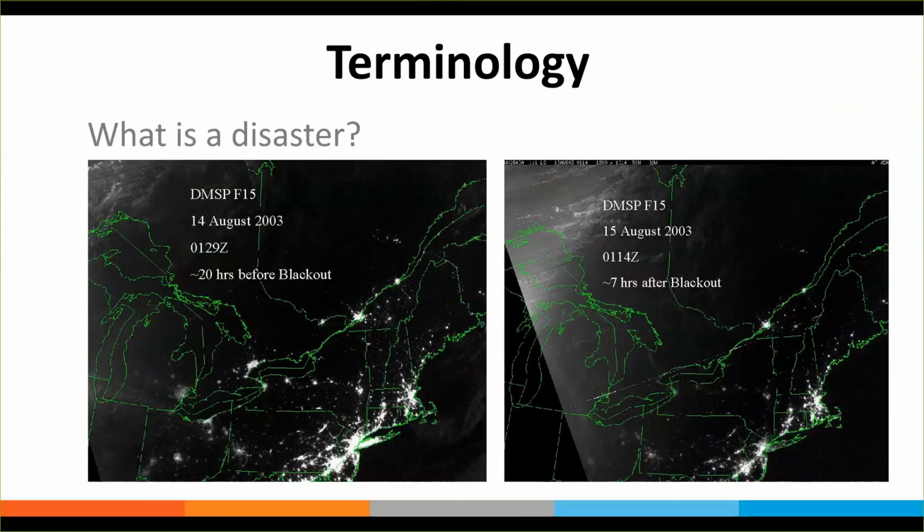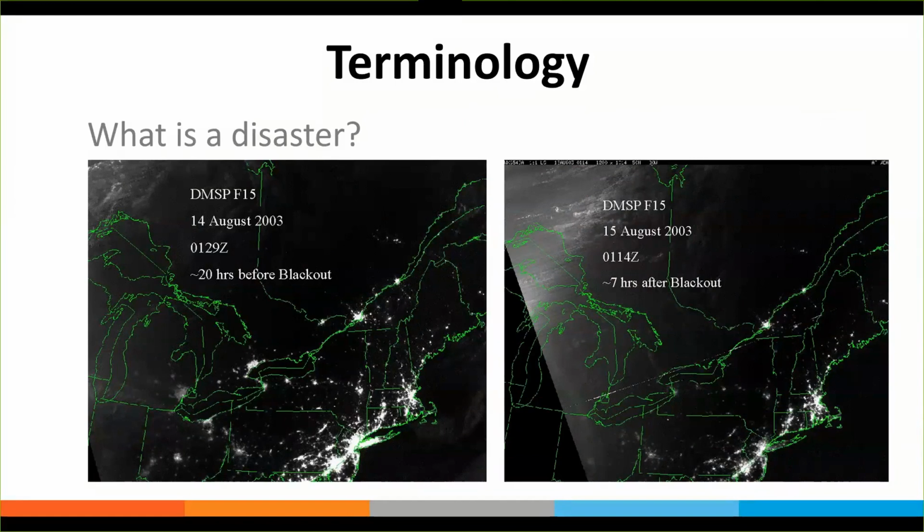It can be a blackout. Remember the blackout in the Northeast in 2003, the cascading blackout? I lived in Cleveland at the time, and it started in Cleveland. There was an overload in the Cleveland station.